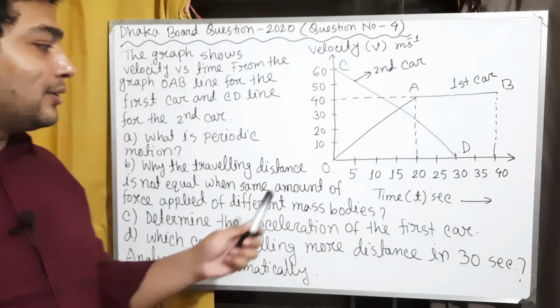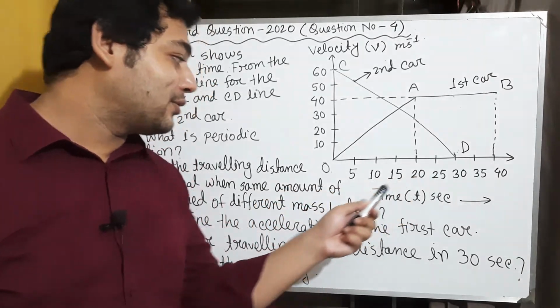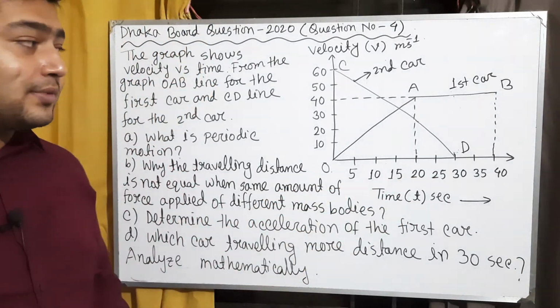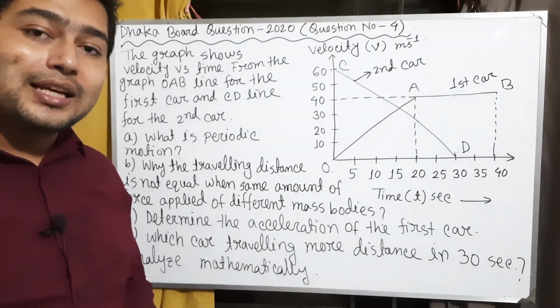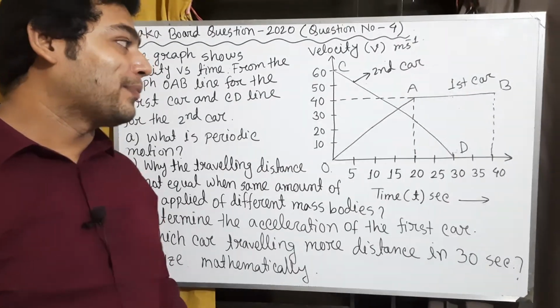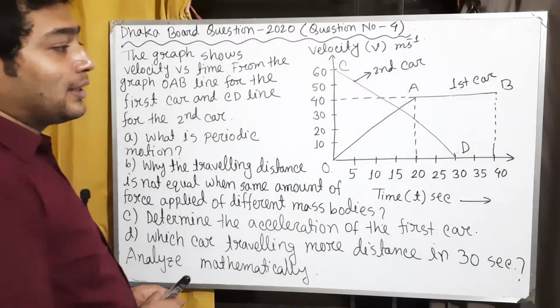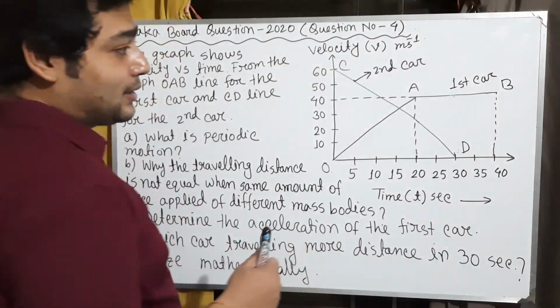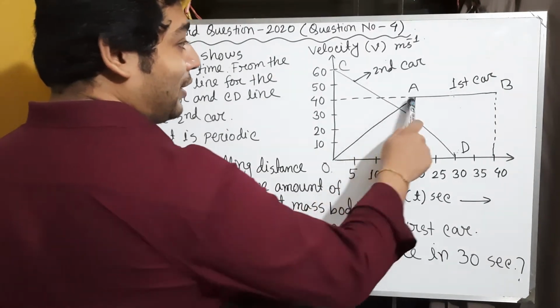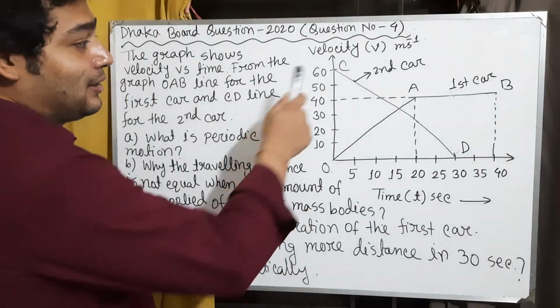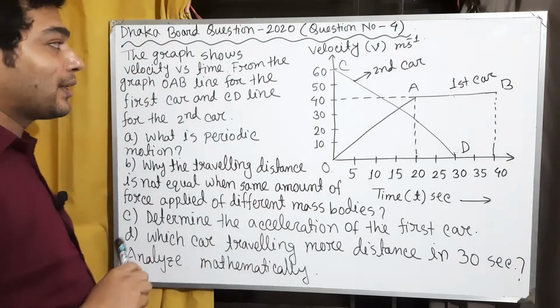Here you see that on our x-axis we have time t and on the y-axis velocity v, whose unit is meter per second. Two cars are traveling on a path: the first car on path OAB and the second car on path CD.